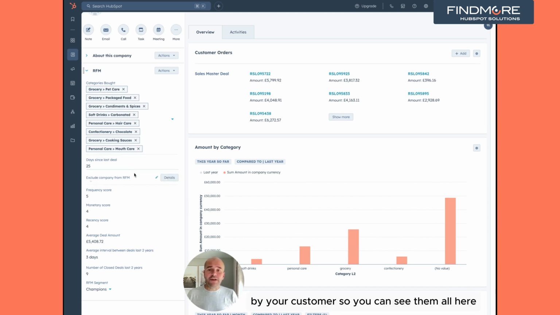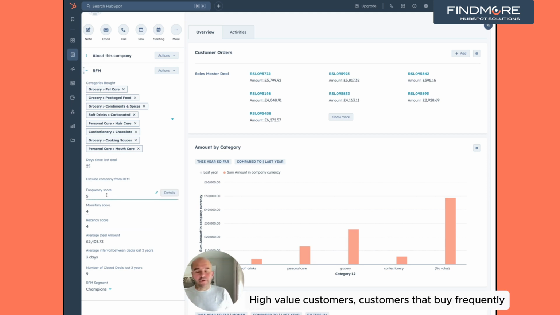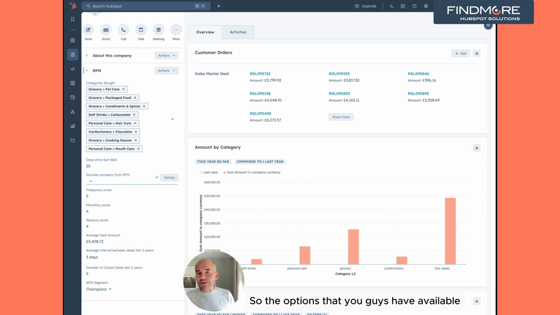As you can understand, this gives you an extra level of segmentation, because by having this information detailed per company, it is very easy to create a segment, for instance, of companies that never bought pet care from the grocery category of products. It's very simple to identify who buys, who doesn't buy, and mix that with high value customers, customers that buy frequently. So the options that you have available are basically endless.